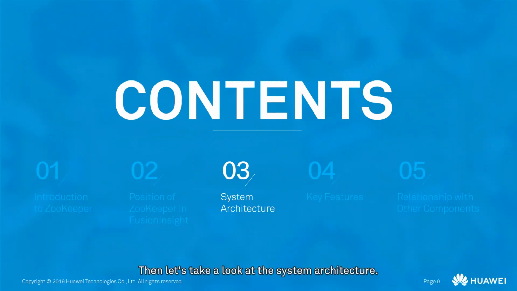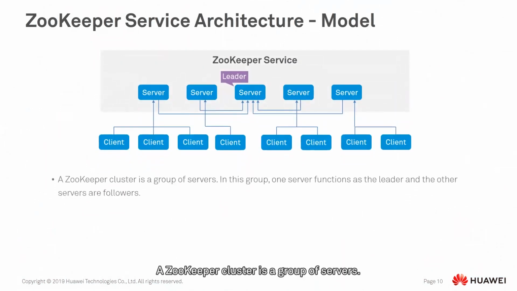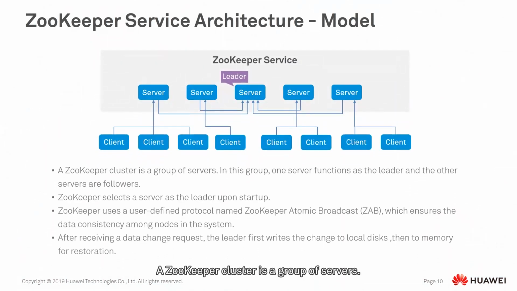Then let's take a look at the system architecture. A ZooKeeper cluster is a group of servers. Nodes in a ZooKeeper cluster have three roles: leader, follower, and observer. Generally, an odd number of ZooKeeper servers are configured.